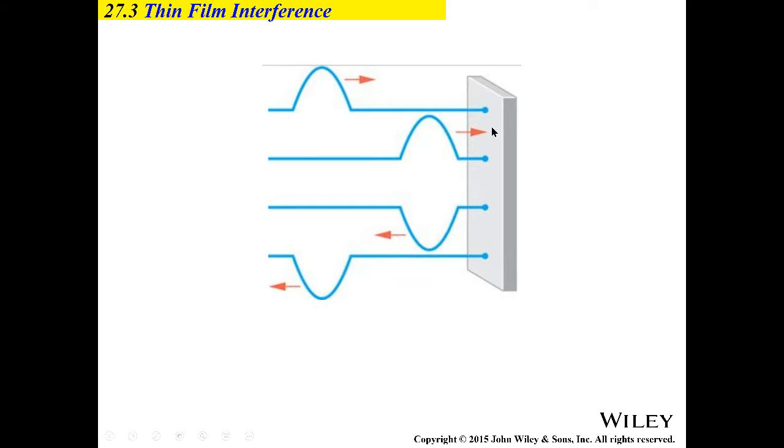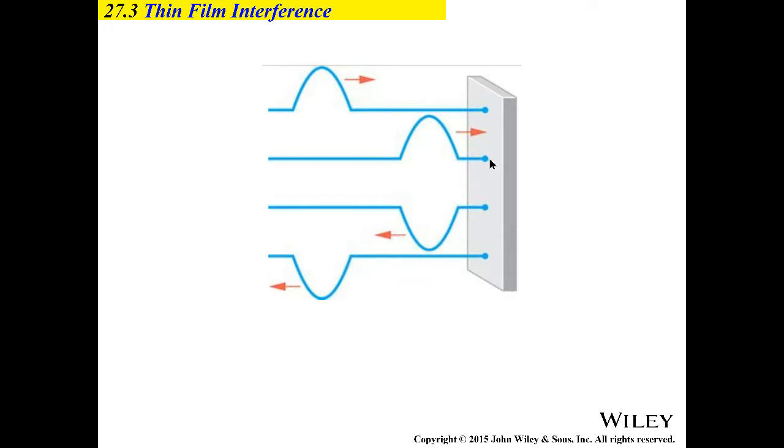So at the surface here, there is no oscillation, no amplitude, and therefore the wave gets a 180 degree phase change. There is one easy way to figure this out.